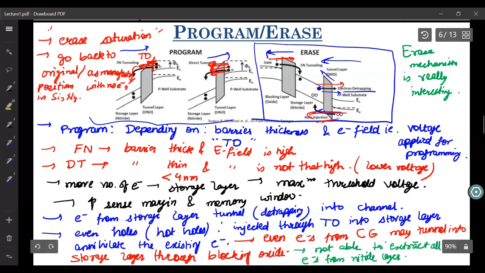So the VT won't be zero, the VT would be somewhat higher, just because there are some electrons in your storage layer even after performing the erase mechanism. Even if you want to completely erase it, you won't be able to do that because of this back tunneling of electrons from your gate towards your storage layer through your blocking oxide.